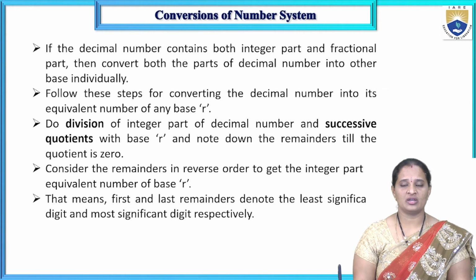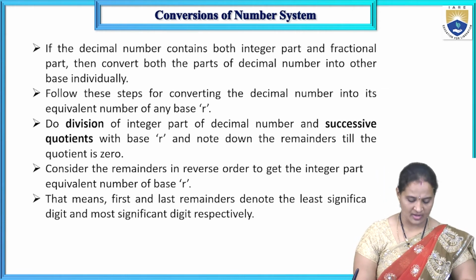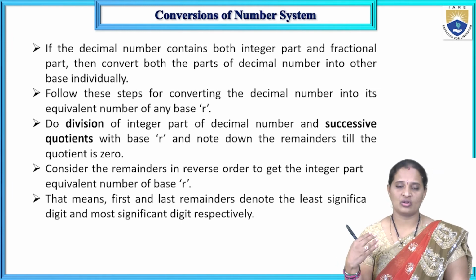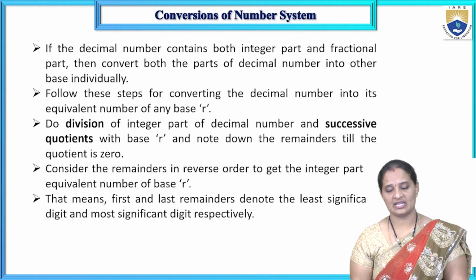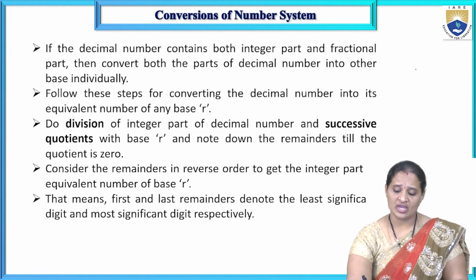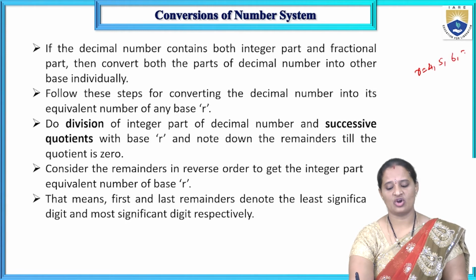So how do we convert a decimal number into any base? I can convert a decimal number into binary, or into octal or hexadecimal. Not only binary, octal and hexadecimal, we can also have any base, where the radix may be 4, 5, 6 or 7.